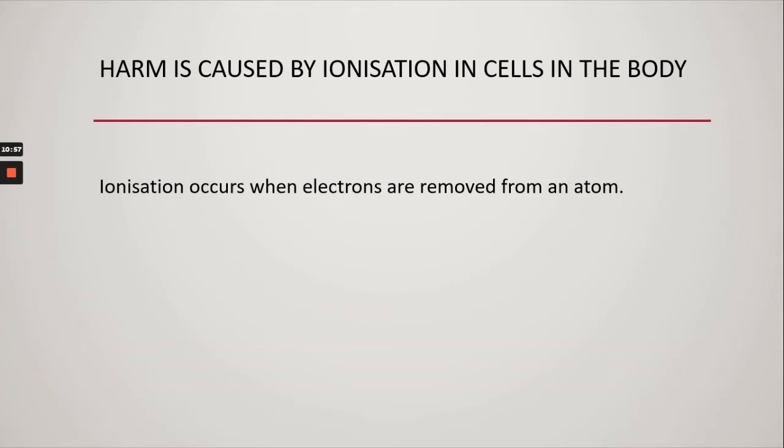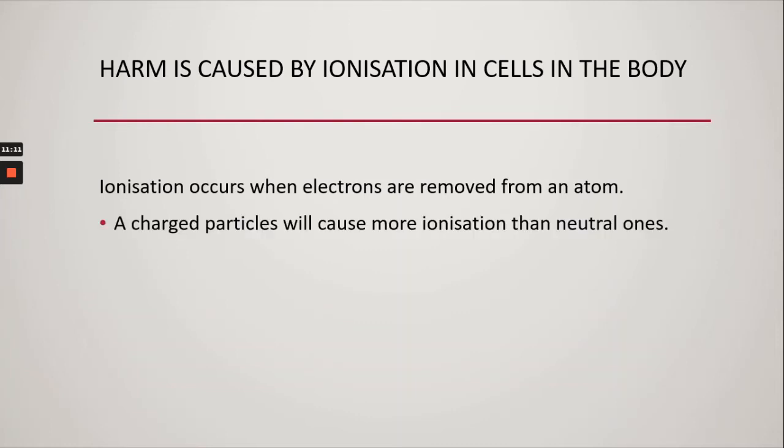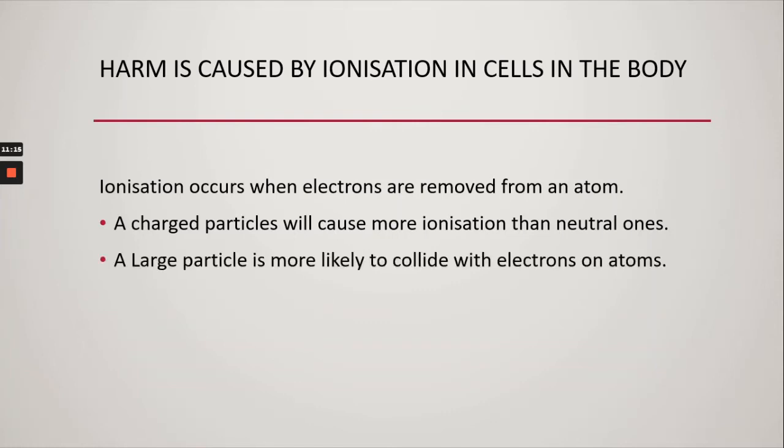It's a bit like if you imagine firing a snooker ball at a group of other snooker balls. Some of them can be knocked out of place, so that's what happens when something like an alpha particle hits the electrons in another atom. Charged particles will cause more ionization than neutral ones, and the larger particles are more likely to collide with electrons.